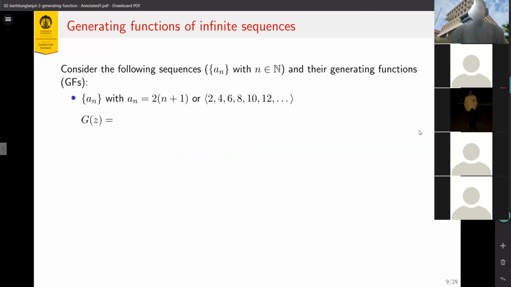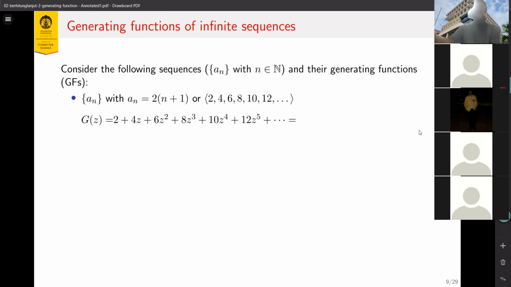Now, let's have a look at the infinite sequence first, right? So what about this infinite sequence? Consider the sequence a_n equal to 2 times (n plus 1). So that is the sequence 2, 4, 6, 8, 10, 12, and so on. Then the resulting function is, of course, 2 plus 4z plus 6z squared plus and so on.